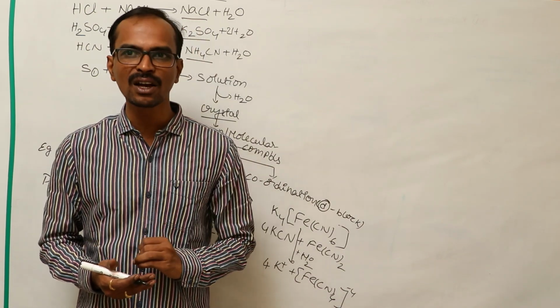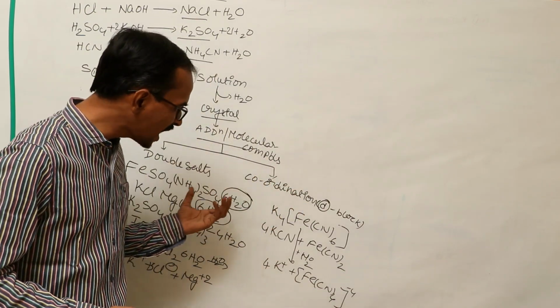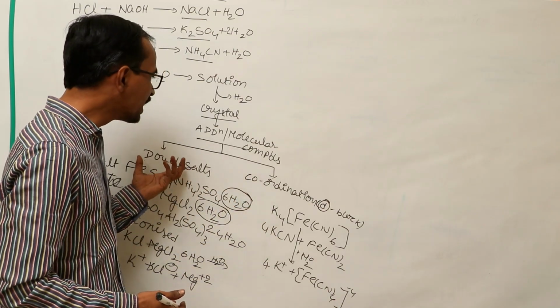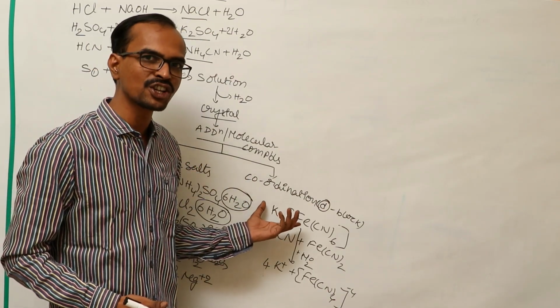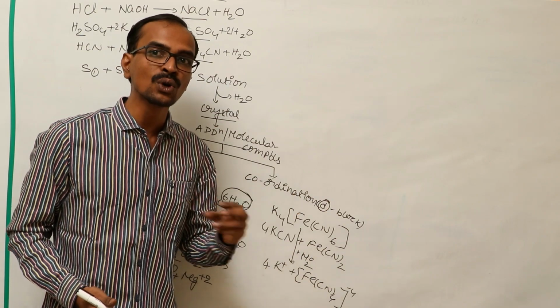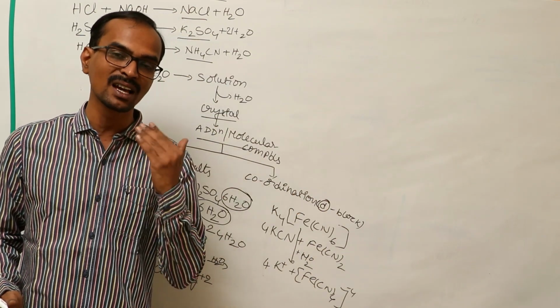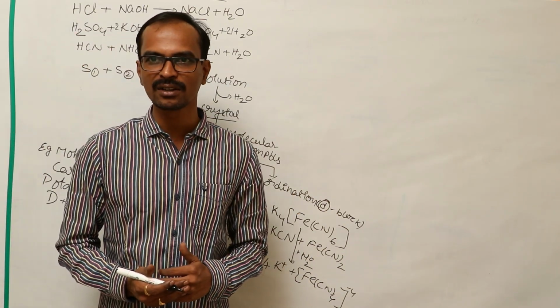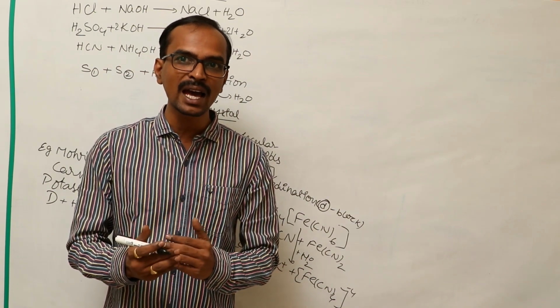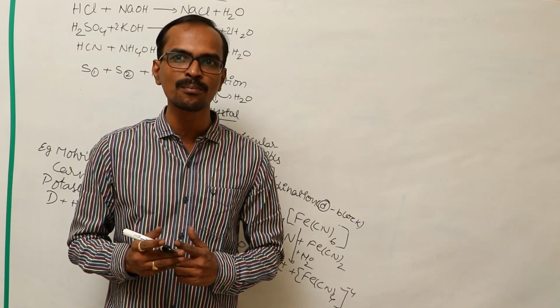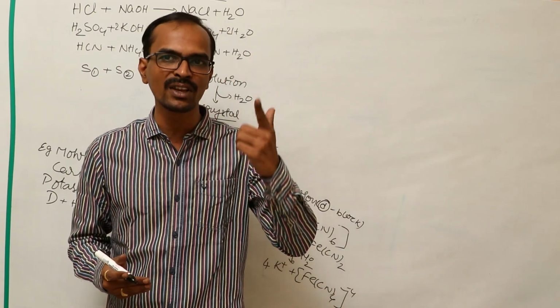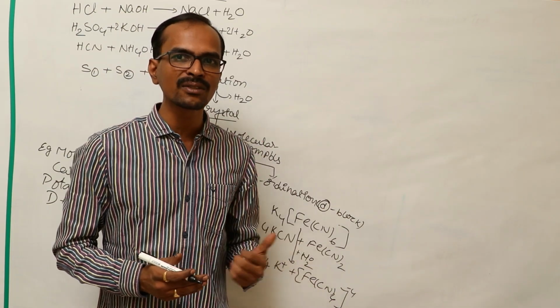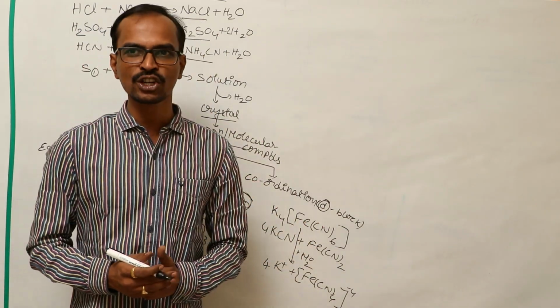And the second kind of question, by giving the same type of compounds, a double salt and a few coordination compounds, they will ask which of the following has the highest electrical conductivity. If we observe the electrical conductivity of these compounds, double salts have more electrical conductivity than coordination compounds.